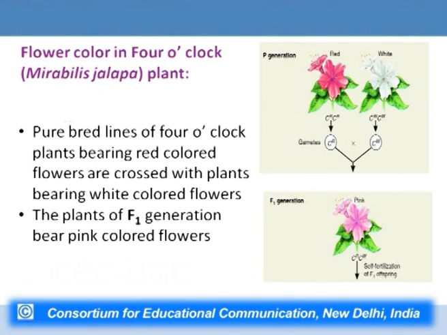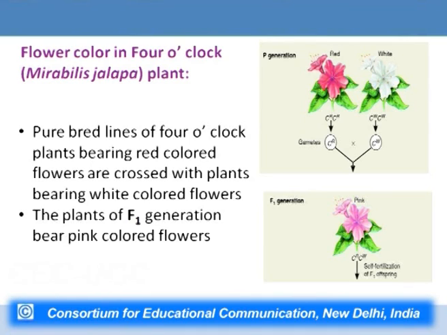In a particular case study, it was found that for flower color in the four o'clock plant, also known as the Mirabilis jalapa plant, and also in the snapdragon plant, when purebred lines which produced red flowers were crossed with purebred lines which produced white flowers, they led to the formation of F1 individuals which produced pink colored flowers.